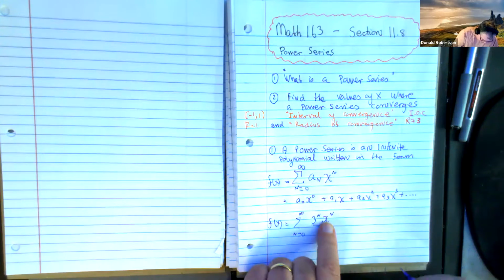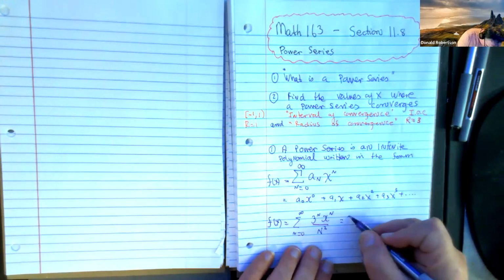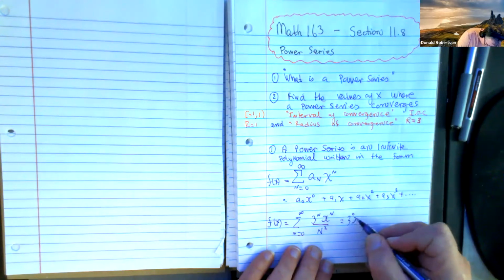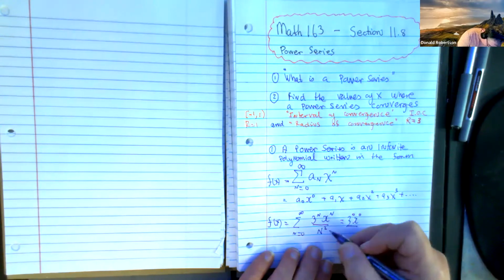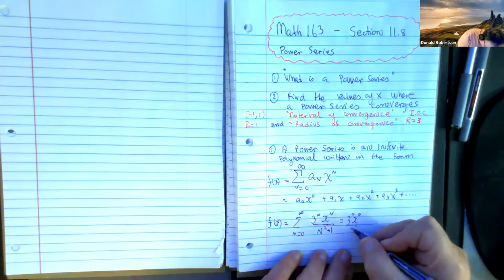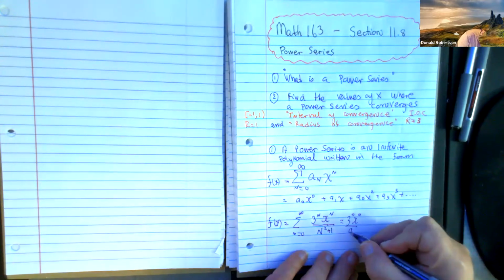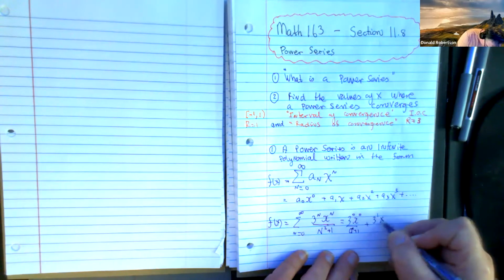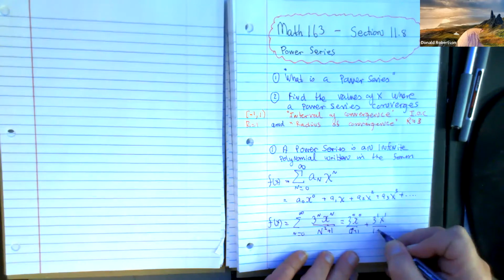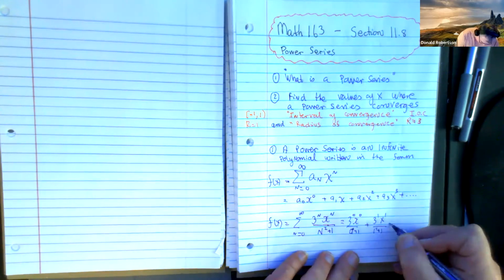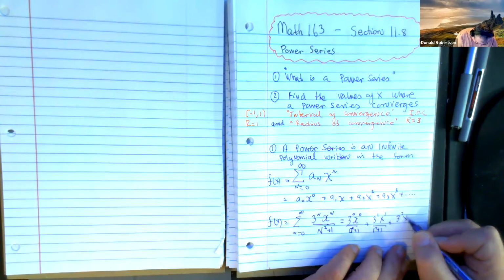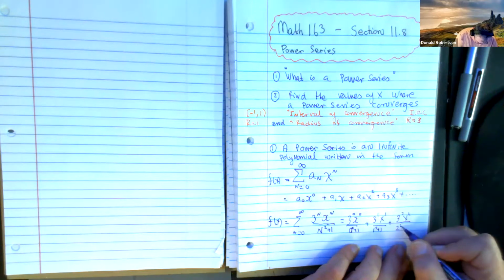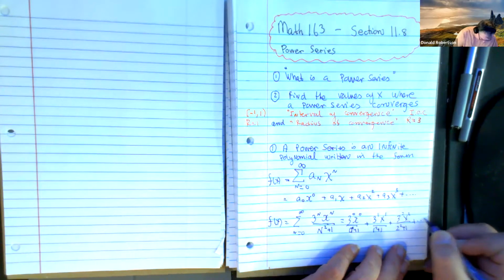If I plug n equals 0 in here, I will get 3 to the 0, x to the 0, and I don't like that, so I'm going to change it, pretend it says n squared plus 1, so I can get 1 there. So it's going to be 0 squared plus 1. And then you get 3 to the 1, x to the 1 over 1 squared plus 1. And then you would get 3 squared x squared over 2 squared plus 1, forever.